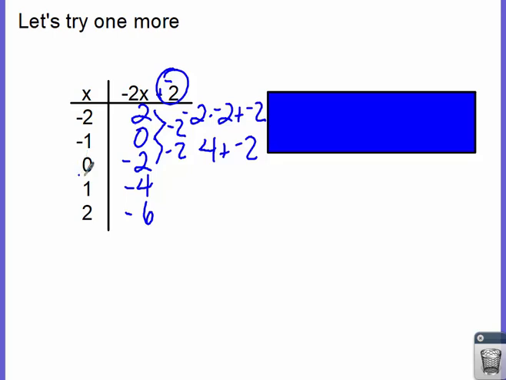It will always be the y value when x is 0, because if I plug 0 into this negative 2x, I get 0 as an answer. So negative 2 times 0 gives me 0, plus negative 2. So that number will always go with that. With that in mind, we need to learn what these things are called. Then we're going to run through a couple of examples, and then we'll be done with this lesson.